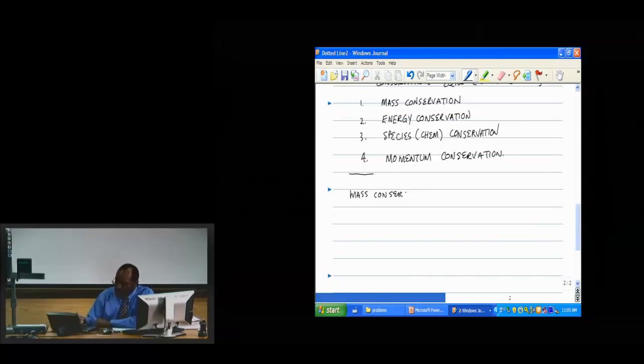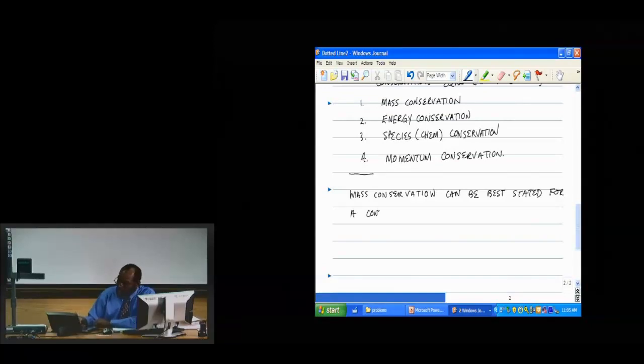Mass conservation can be best stated for a control mass system.